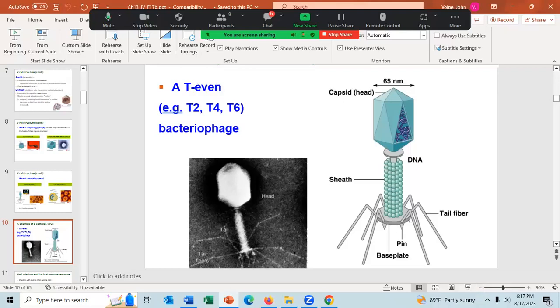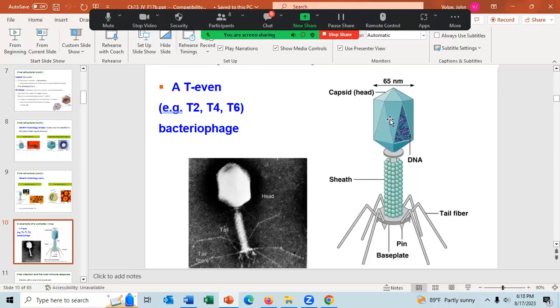Here you can see the virus. It has a head, which encodes the genome, which is a DNA molecule inside the head. And it has a tail, this lower portion of the virus. The tail helps the cell infect a bacteria cell.